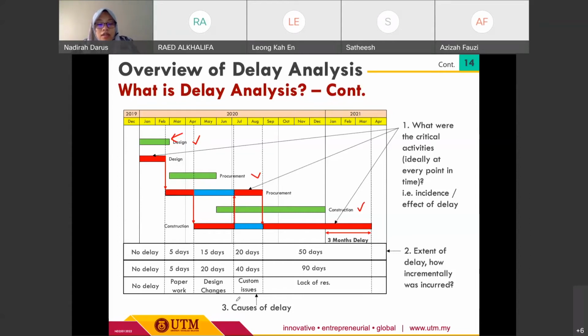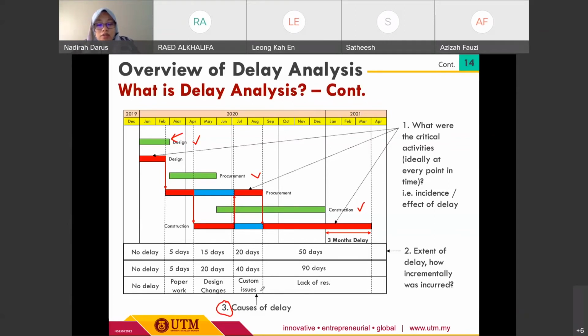And then at the end we need to know the process of delay for each of the activities. What's actually the main cause? Either due to design changes, due to customs issues, or any other issues, as we have covered just now, the factors of the delay.